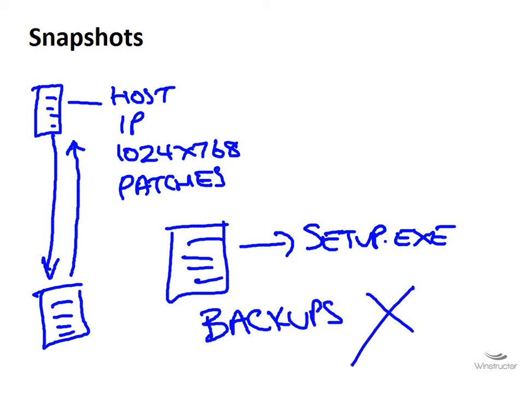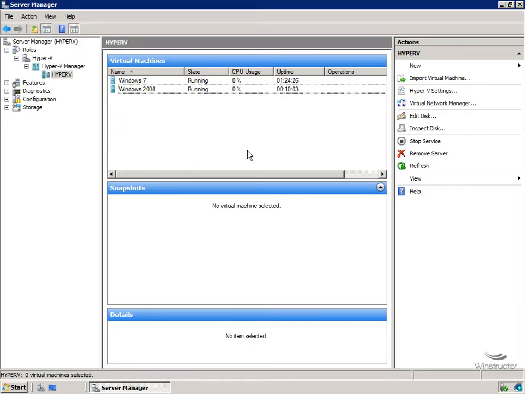A snapshot is really designed for rolling back changes and not for recovery purposes, mainly because its purpose is to take a copy of the virtual machine as it is right now, including what's open in memory and any connections that are going on, and it's going to freeze them in place in the form of the snapshot. When you take a snapshot of a virtual machine though, you're going to be in one of two possible scenarios. You'll either create a snapshot when the virtual machine is powered off, or you'll create a snapshot when the virtual machine is powered on.